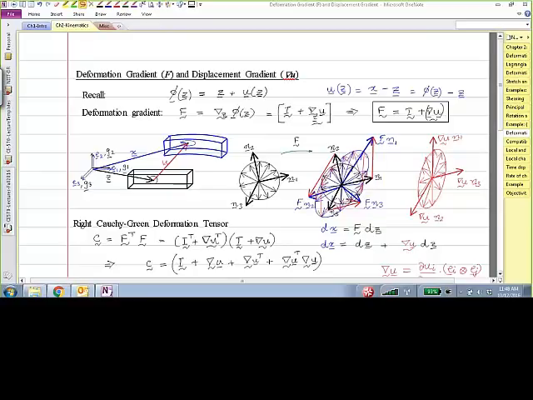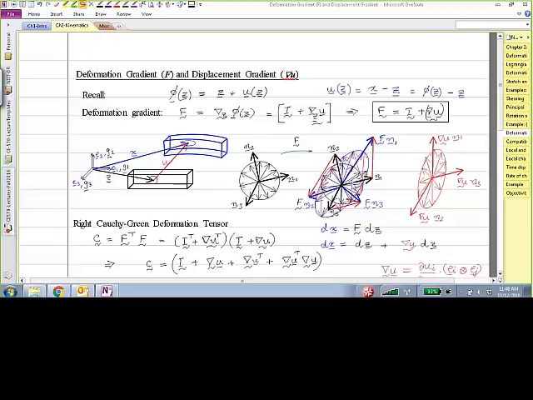Just before the October break, we were looking at this new type of gradient that we call the displacement gradient, and we showed that the deformation gradient F can be expressed as identity plus the gradient of U with respect to the undeformed Z coordinates.